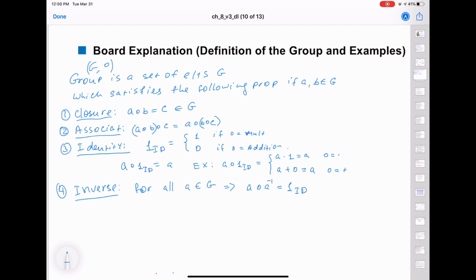Yes, and if it satisfies these 4 conditions, we say it is a group. Yes, this is the group. If it satisfies the 5th condition, this is called commutativity.